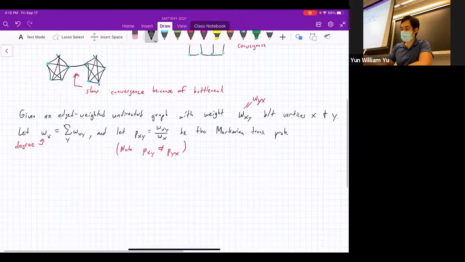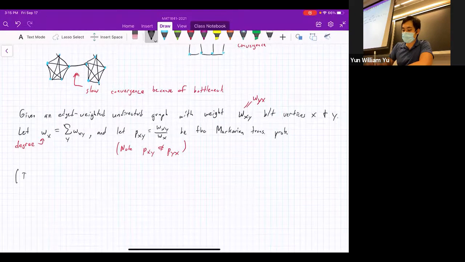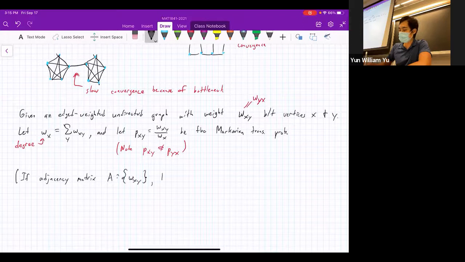So even though our graph is symmetric and the weights are symmetric, the transition probability matrix is no longer symmetric. And if you want to think about this a little more linear algebraically, if you had an adjacency matrix, which some of you may be aware of, it's just the matrix A composed of all these weight terms. Then we can let D be the diagonal matrix with A times the one vector on the diagonal.